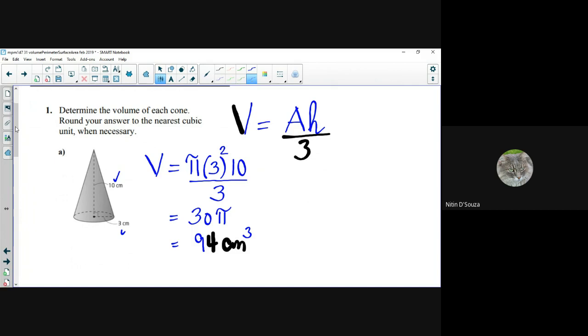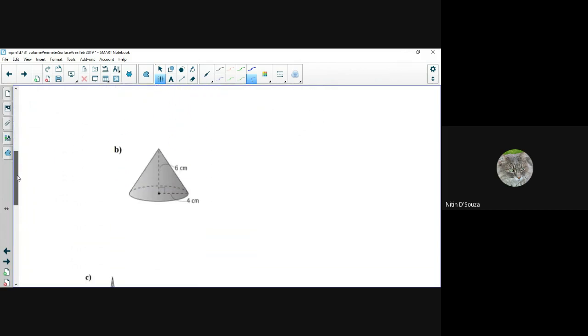Let's try another one. Let's do B. So again, my volume will be area of the base times height divided by 3. Area of the base will be pi times radius squared. The height is 6 centimeters divided by 2. So that's going to give us 48 pi.